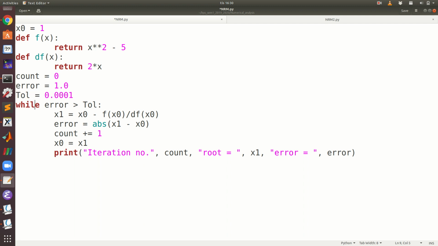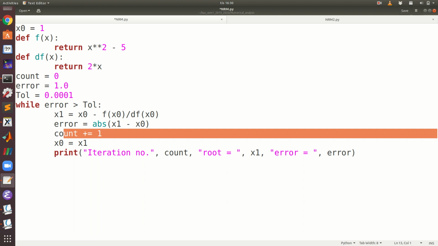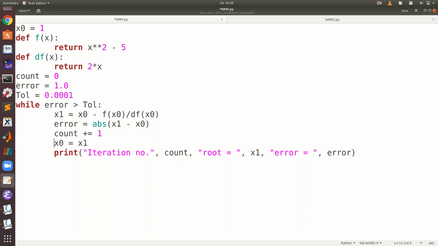You have seen this countless times: while the error is greater than the tolerance, I compute xn plus 1 equals xn minus f of xn divided by f dash of xn. This is exactly what we are writing. Then we get the error by getting x1 minus x0, and we get the count.